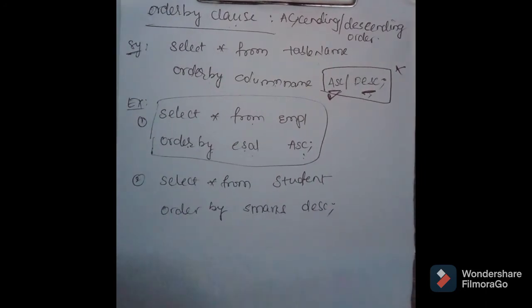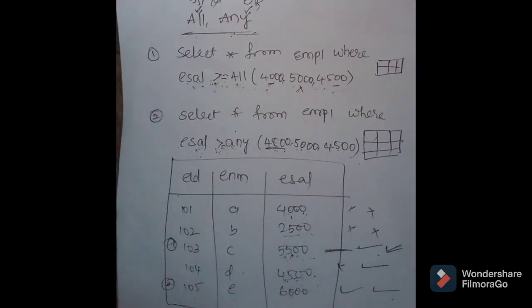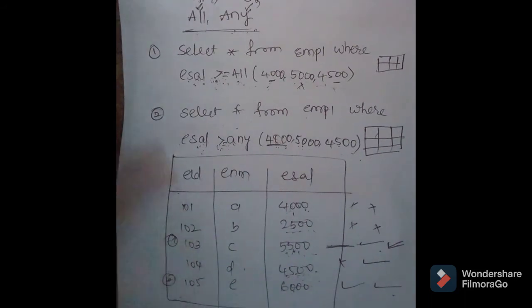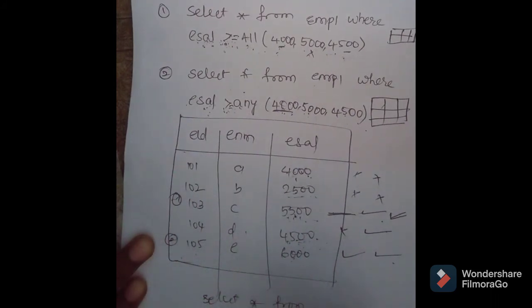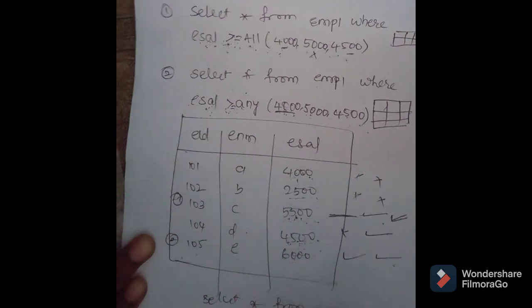Now consider this example. I want to display the salaries of the employees in ascending order. So how do I write? Select star from employee, right?